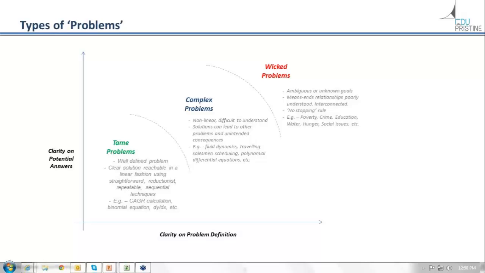And then if I knew the previous year's revenue and I made this ambiguous assumption about the growth rate, then I'm solving a tame problem of multiplying that growth rate with the last year's definitive number to get this year's number. So I would agree with you.